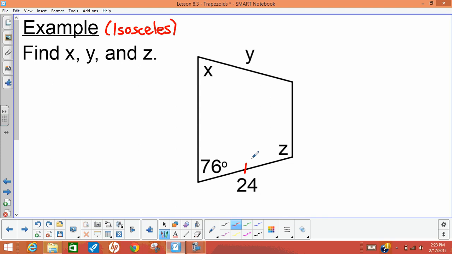So if this leg is 24, those 2 are congruent, that means y is 24. Here I have one base angle being 76. This x angle is on the same base, so that means they are congruent, so that makes x 76 degrees.